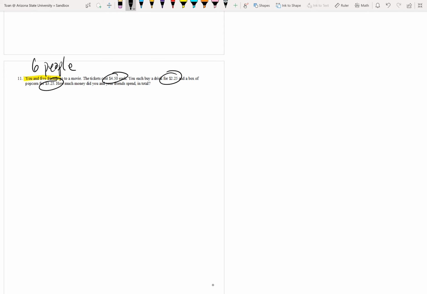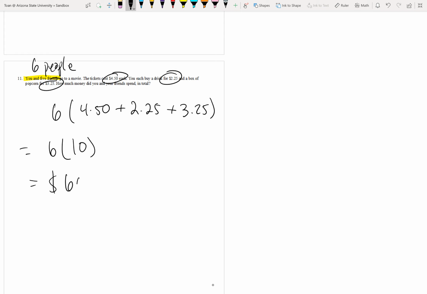So there's 6 of each of those. So the total amount you spent is 6 of you each spending $4.50 plus $2.25 plus $3.25. You either use mental math, or you go ahead and grab a calculator. What's that? That's $4.50 plus $2.25 is $6.75 plus $3.25 is what's that? $10. So you all spent $60.